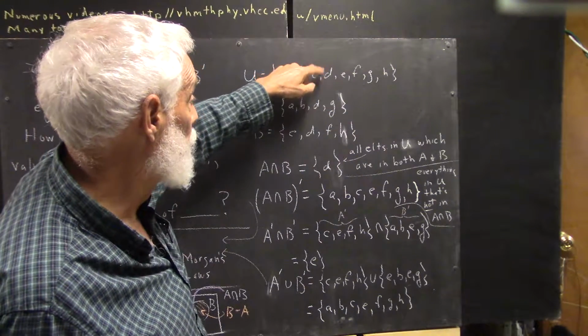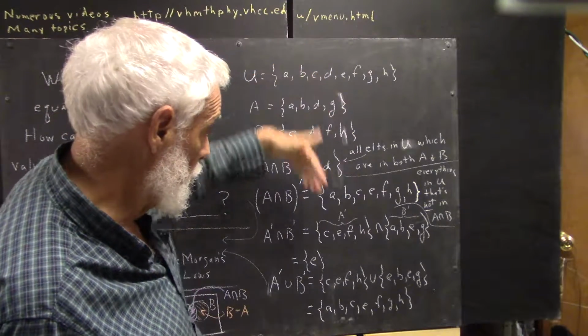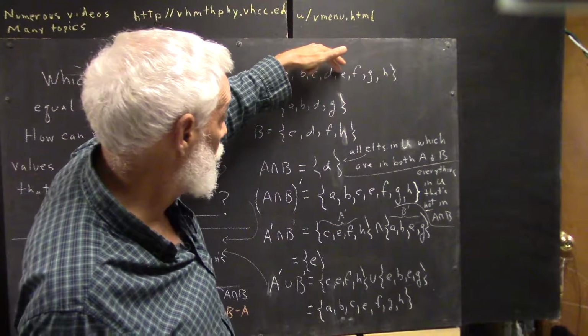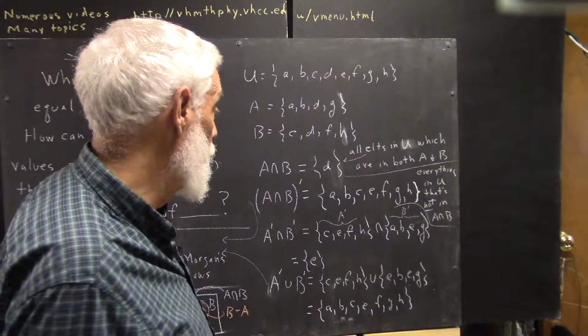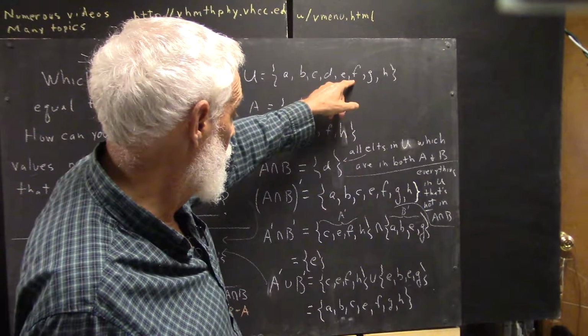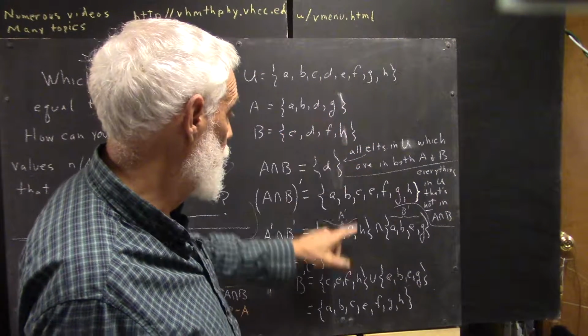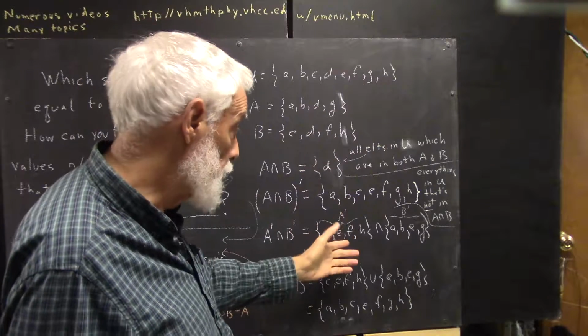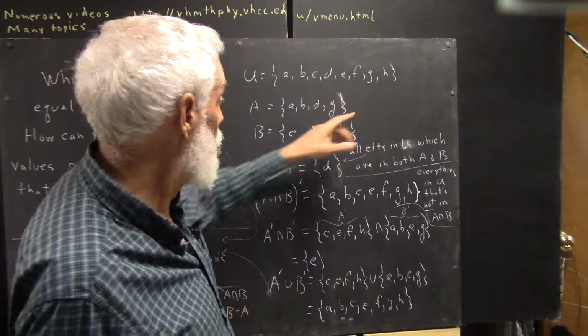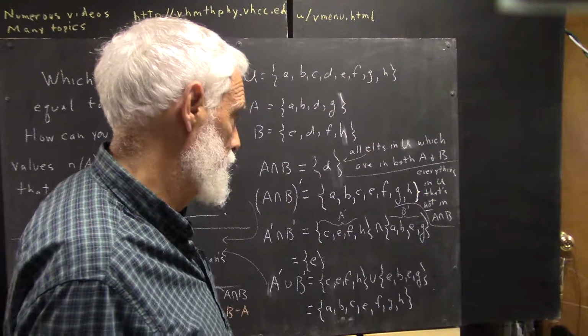D appears in A, so it's not going to go into A prime. E doesn't appear in A, so it will appear in A prime. F doesn't appear in A, so it's in A prime. G appears in A, so it doesn't appear in A prime, but H is not in A, so it's here.